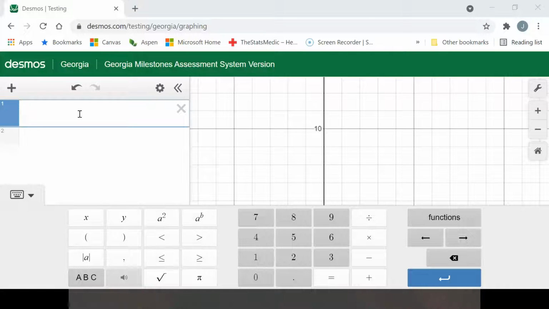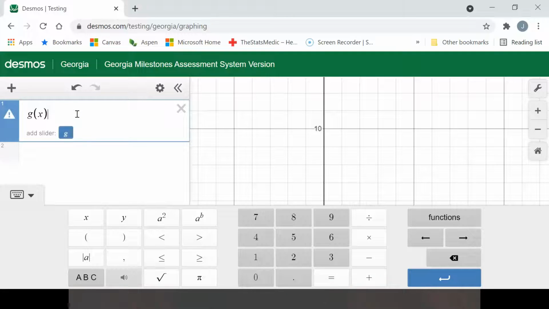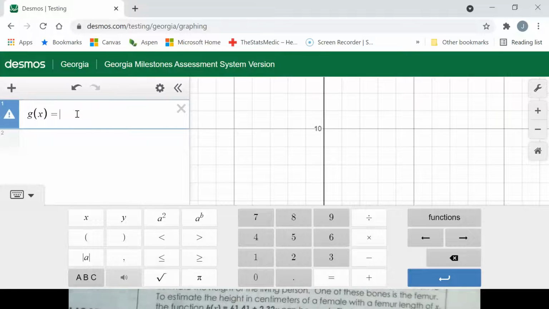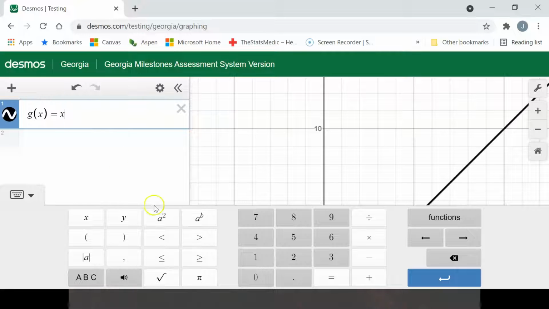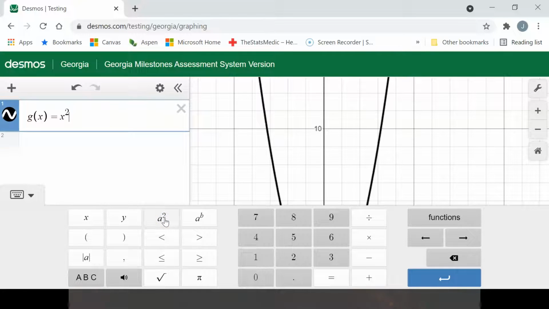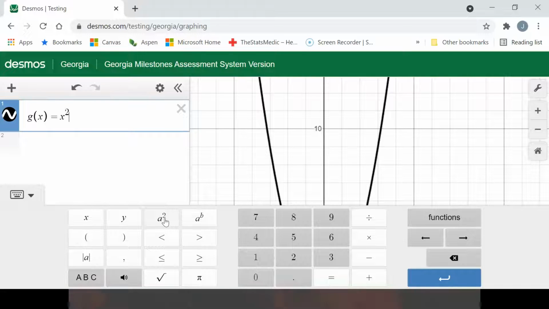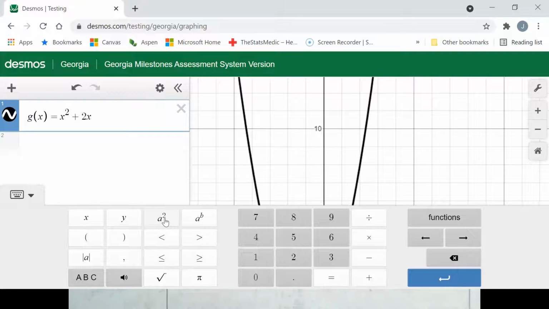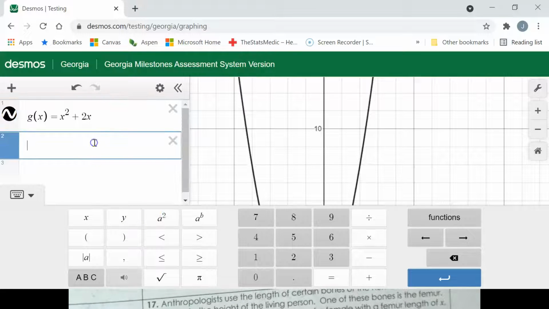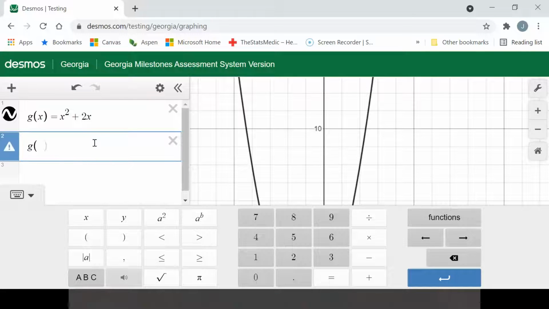So we type in g of x equals x squared, so x, come down to this a squared to square it, and then plus 2x. G of x is x squared plus 2x. And we specifically want to know about g of negative 5.